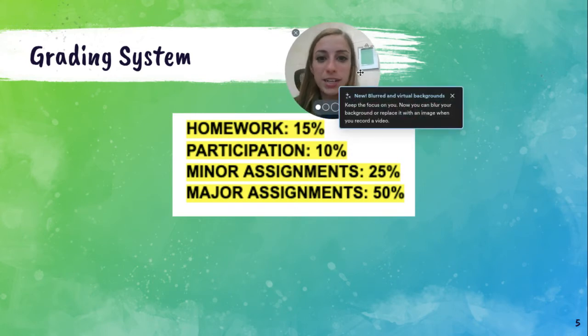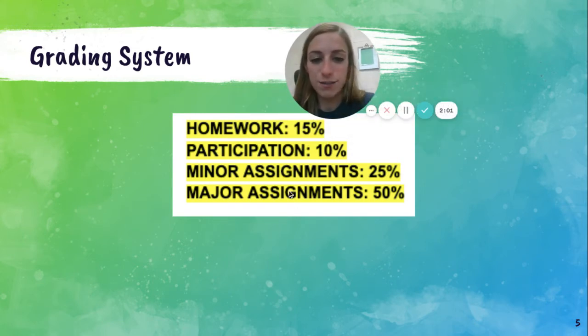In terms of grading, my grading system is as follows. Homework is 15% of the grade, participation 10%. That can be speaking in class, but it can also be participating in class activities, handing in classroom work. And then I've got this major and minor assignments division.